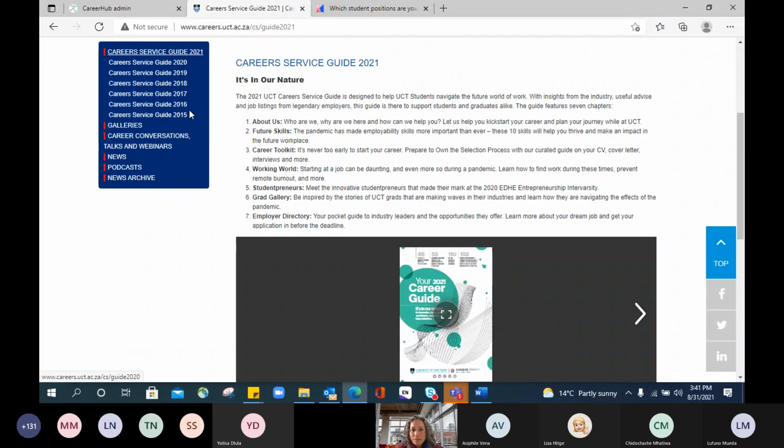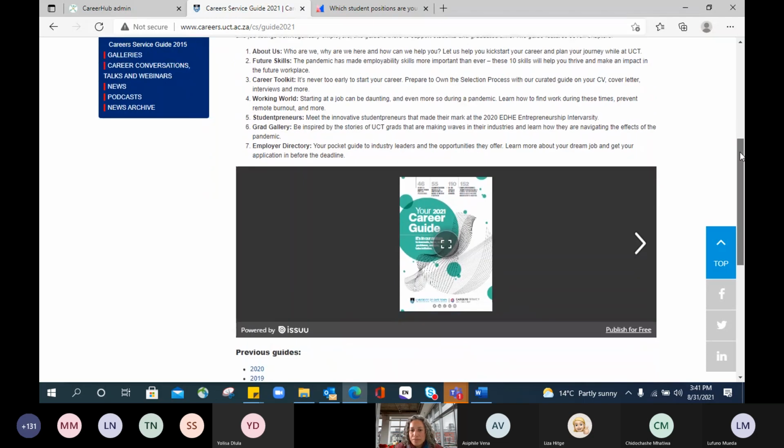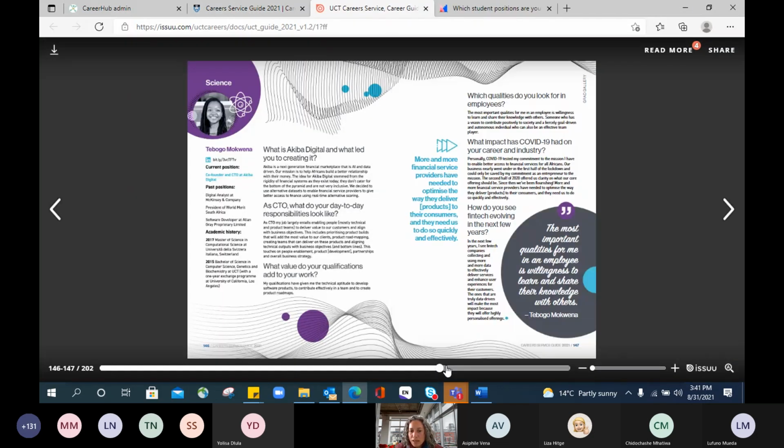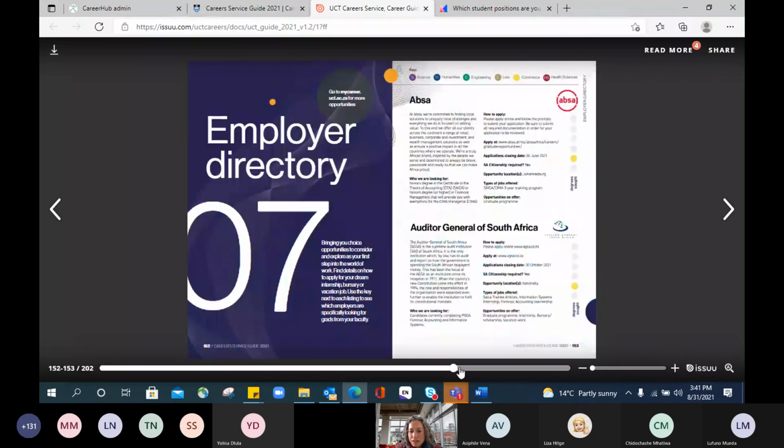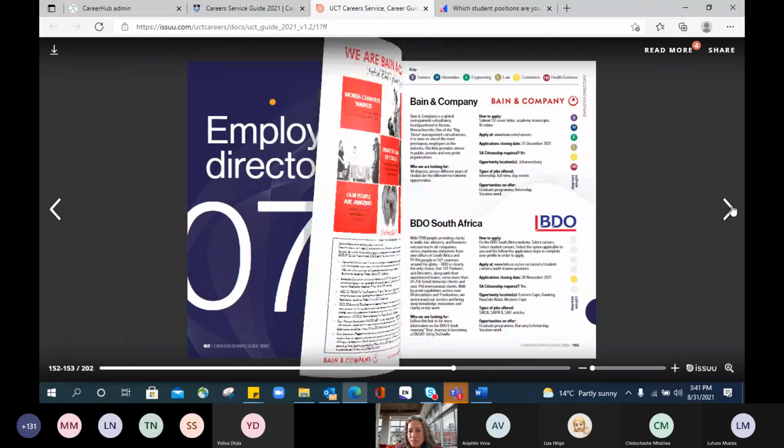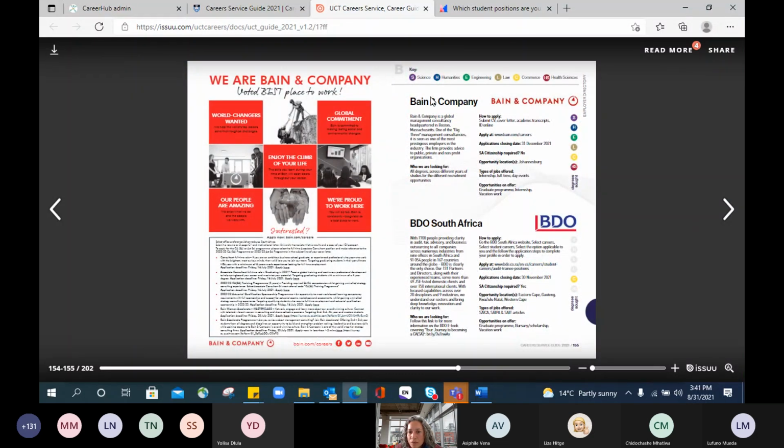There are guides that are published every year. What I want to show you is about two-thirds of the way in. Here we go. There are some organizations here. Like I said, it's limited, but there are some opportunities. You can see Bain and Company do not require South African citizenship to apply, and they recruit across faculties, though this is for consultancy.